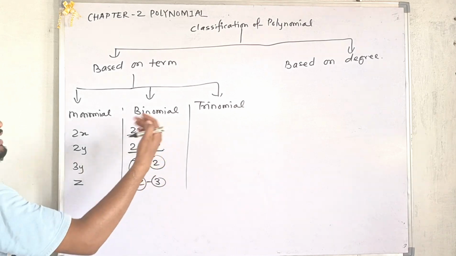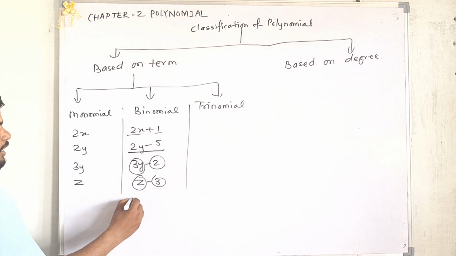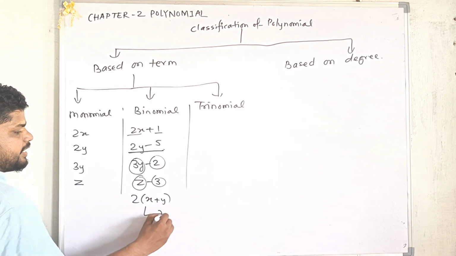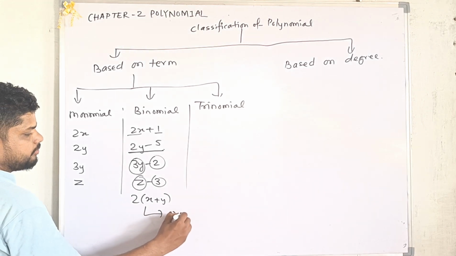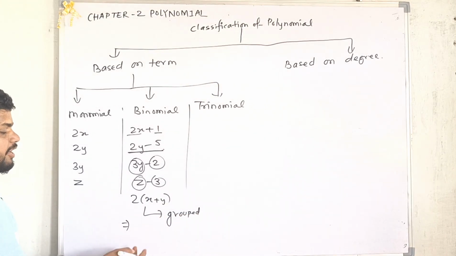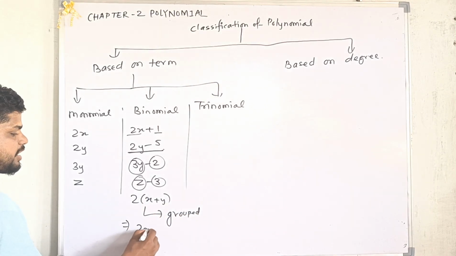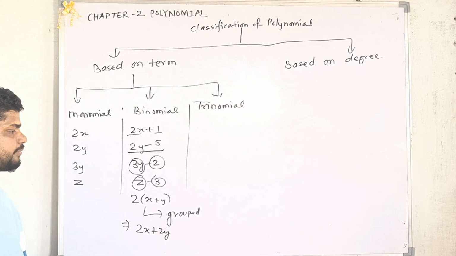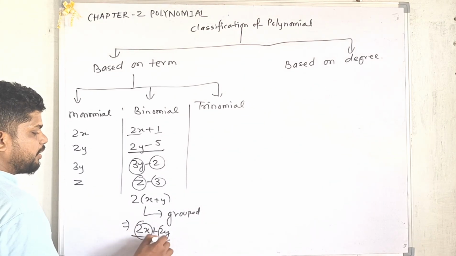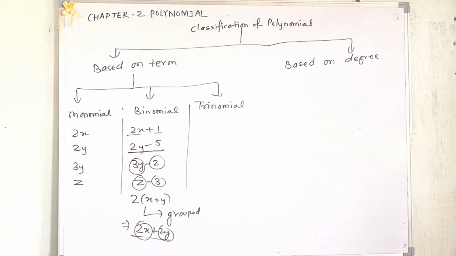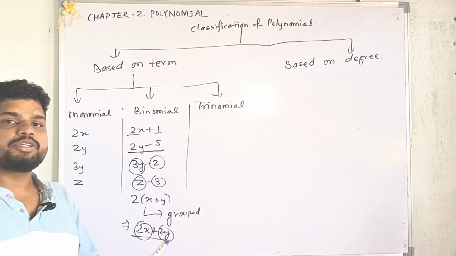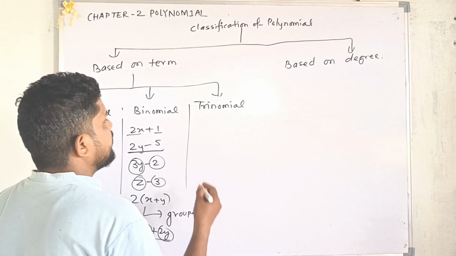What about 2x plus y, here it is grouped? When we expand this, it will be written as 2x plus 2y. So ultimately this is again an example of binomial. Talking about trinomial, any polynomial which has 3 terms is known as trinomial.